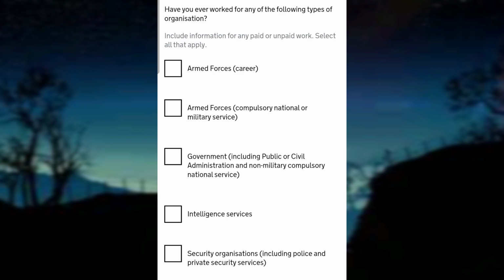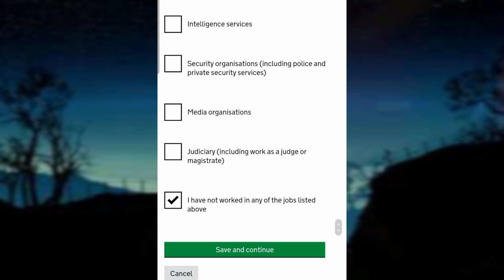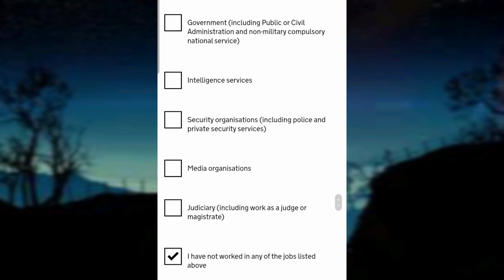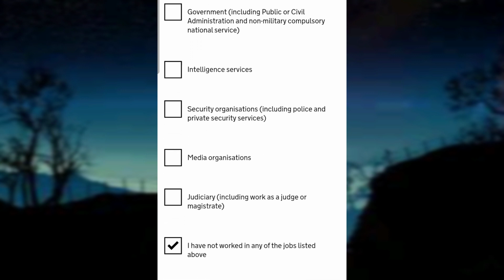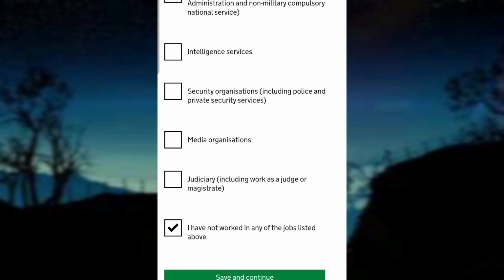But like I said, some people pick it and some people don't pick it, and they still get their visas. So when you select all that, if nothing applies to you, of course you pick the last option, I have not worked in any of the jobs listed above, and you save and continue.